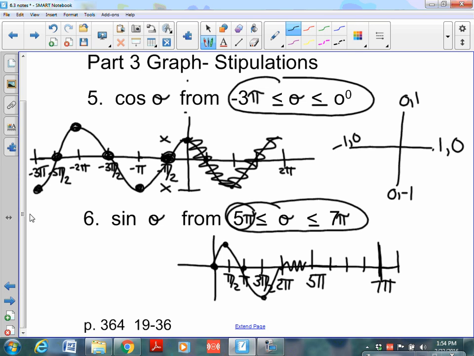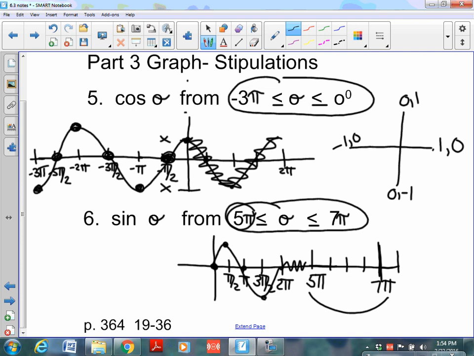I'm going to graph from 5 pi to 7 pi. In between there, what does that make? 2 pi. So is that periodic, right? So I know that this is what my graph looks like. Could I continue all the way out and put 2 pi and then 3 pi, 4 pi and keep looking to see what it does? But instead, I'm just going to look at my pattern.